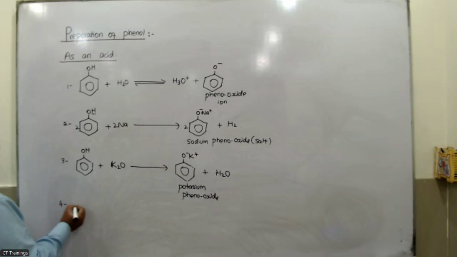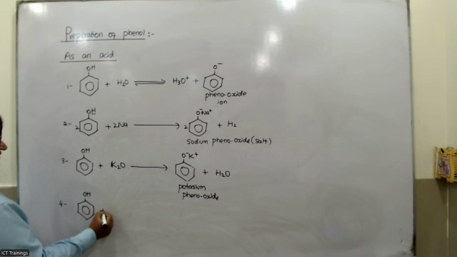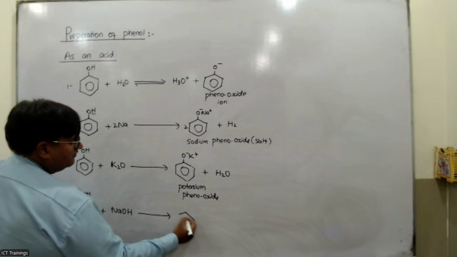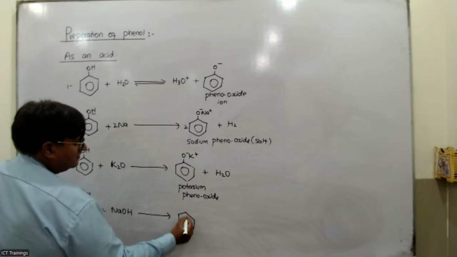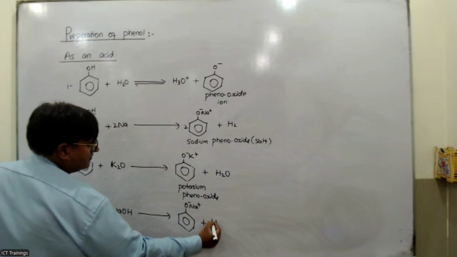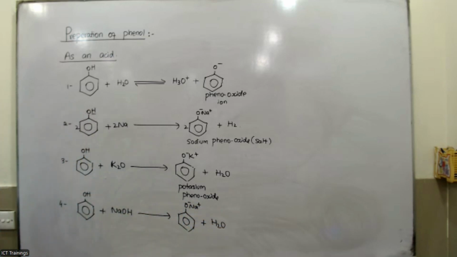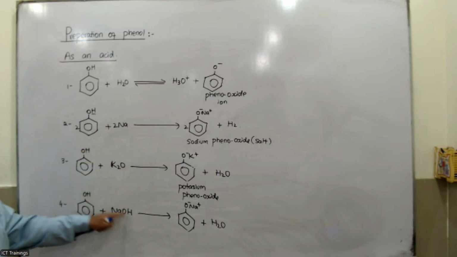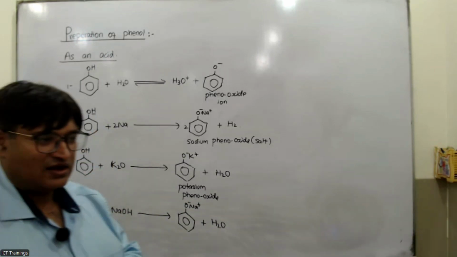And the fourth reaction, my dear, this is the phenol. So react this phenol with sodium hydroxide. So it is going to form again the sodium phenoxide plus water. So see, phenol is a weak acid. It could react only with metal, metal oxide, and metal hydroxide, not with metal carbonate.